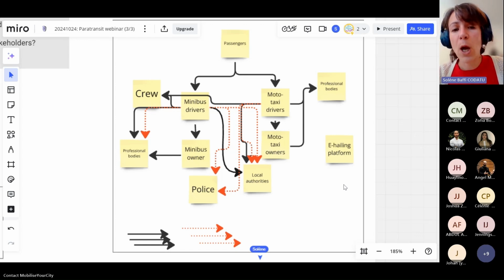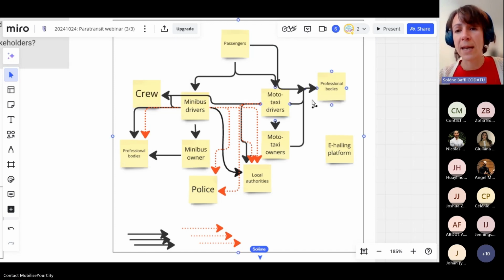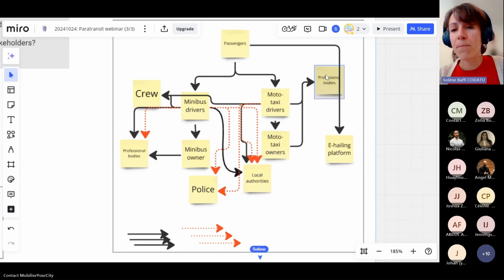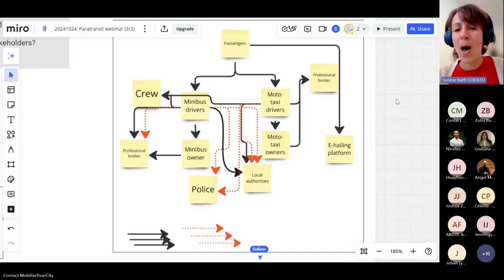But this is also a new type of configuration that we see emerging, where passengers do pay to have access to these e-hailing platforms, even though those platforms are free. For the passengers, it does represent an expense in terms of access to data, for instance, to download the app on the cell phone, and also an immaterial monetary value, such as accepting to share some private information with these companies that are afterwards using it to monetize other services.